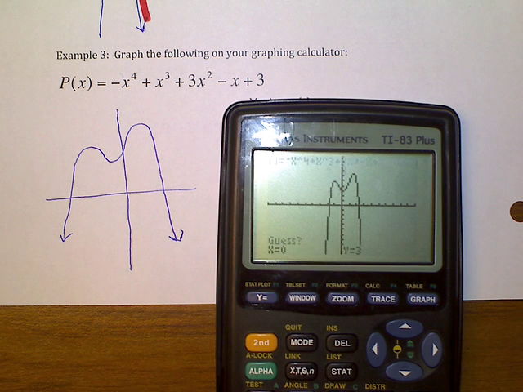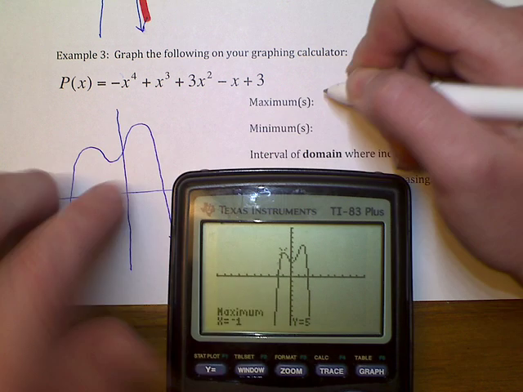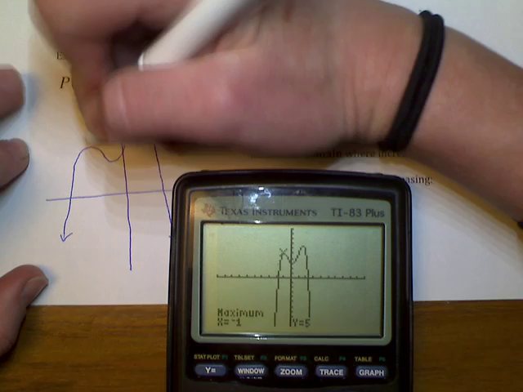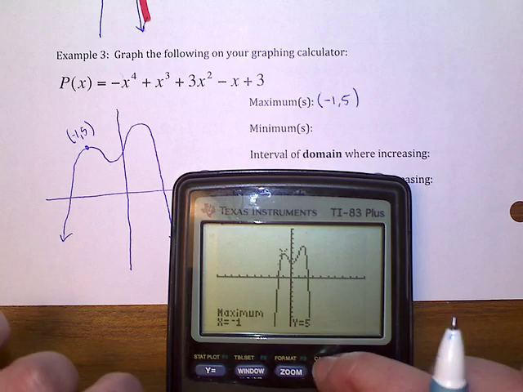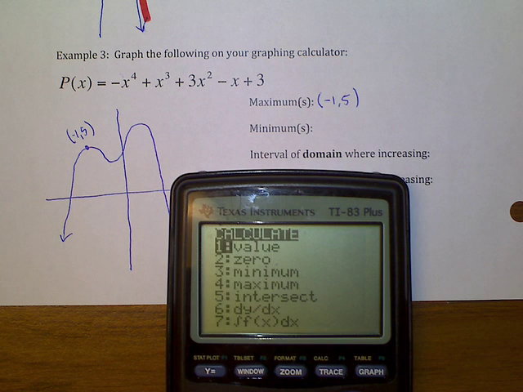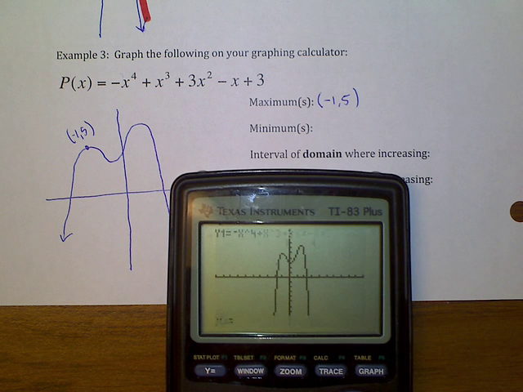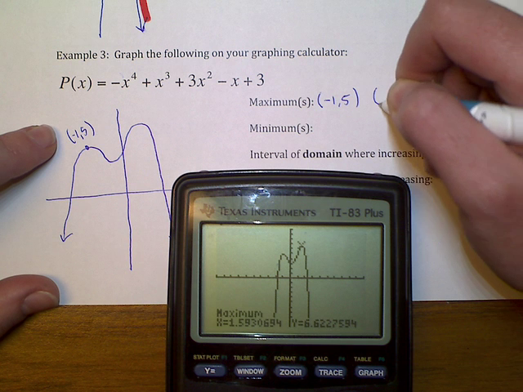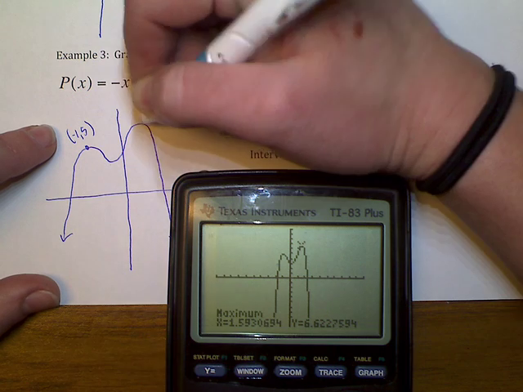And we have a maximum, the first one right there, which is going to be negative 1 comma 5. That's nice that the numbers are a little nicer there. The second maximum would be at 1.59 comma 6.62.